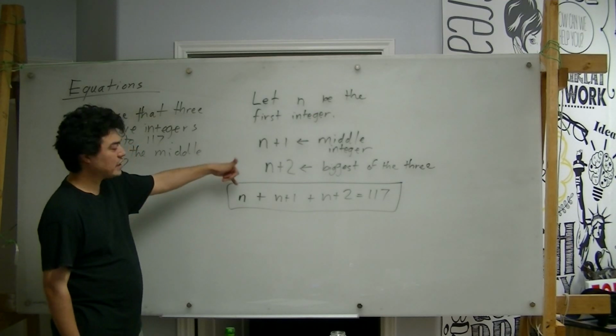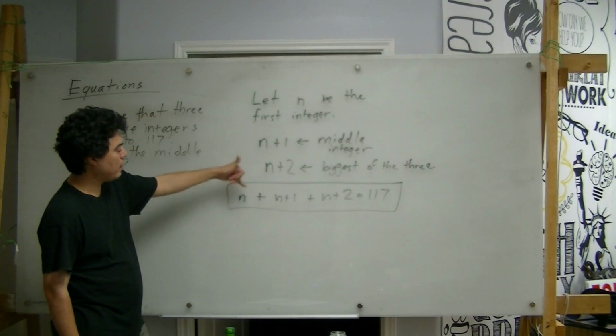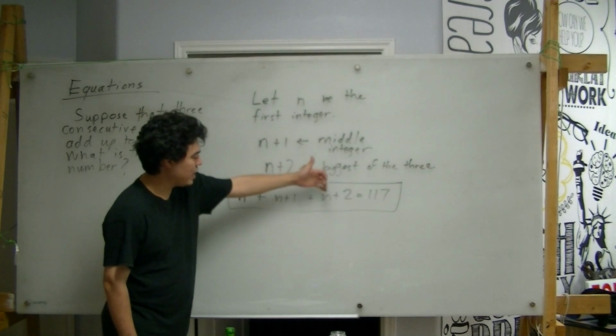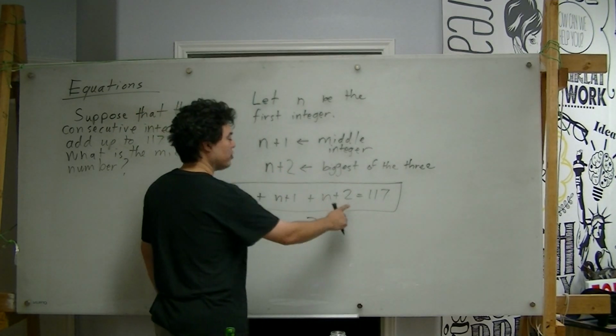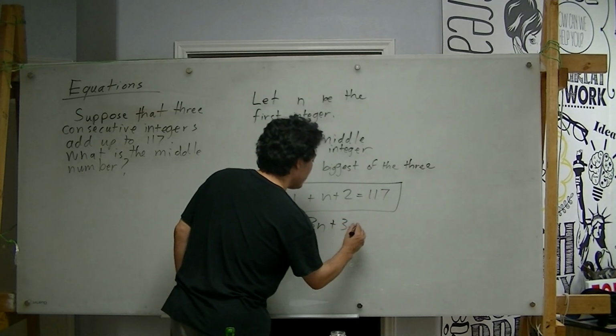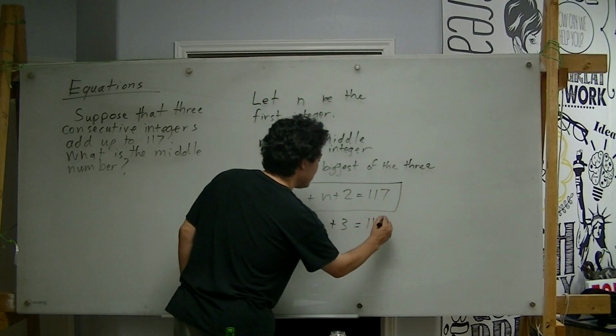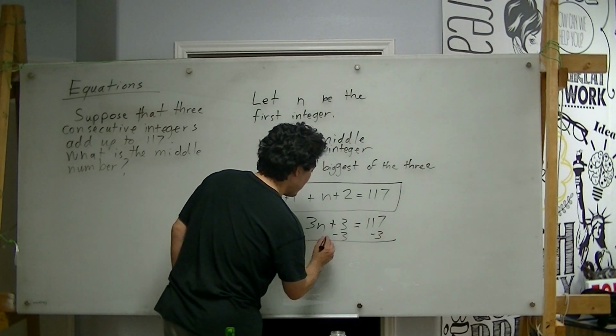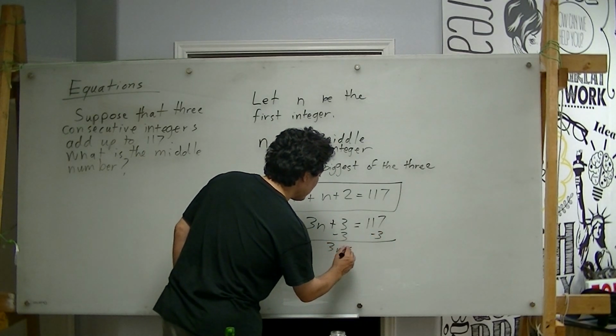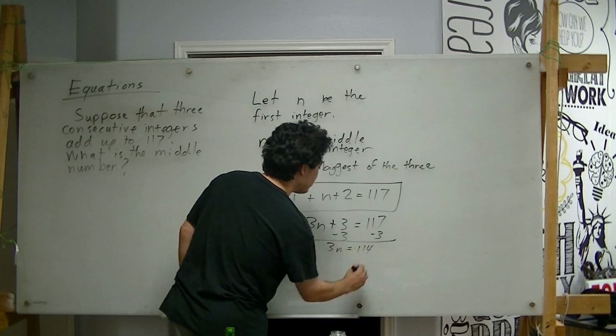If we look at the left hand side, we have like terms, n plus n plus n, which will be 3n, and then 1 plus 2 is plus 3, equals 117. We're going to subtract our 3, and we get 3n equals 114.